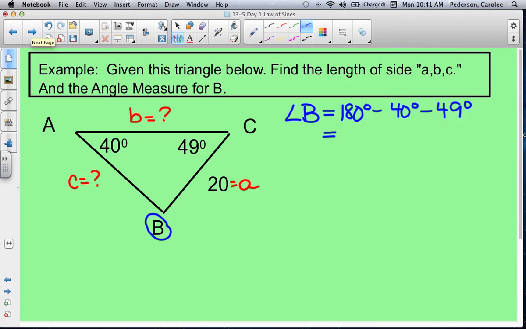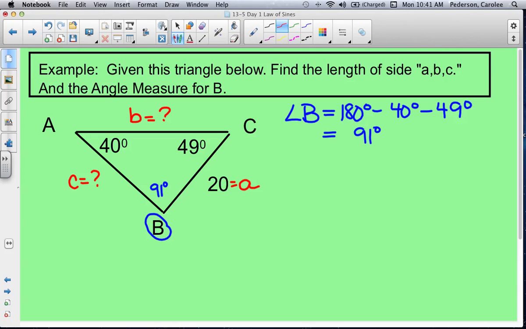And then we solve for angle B. And we get 91 degrees. So now let's come back over to here and identify that angle, 91 degrees. Now we want to find the side lengths, A, B, and C. So we're going to use the law of sines.